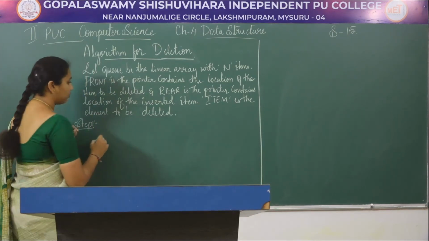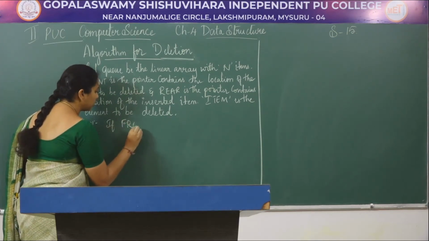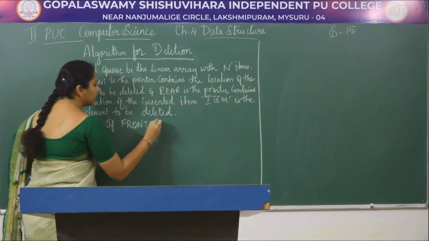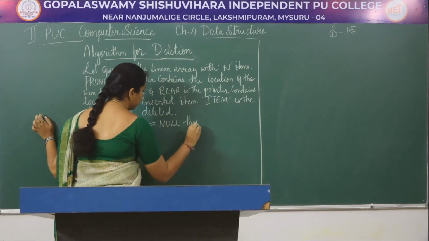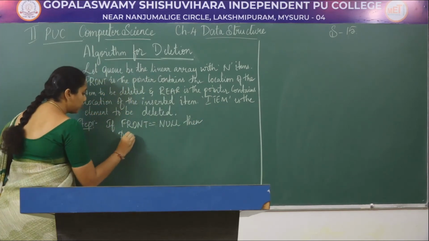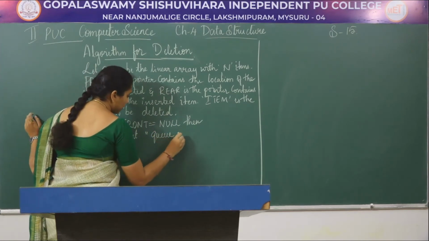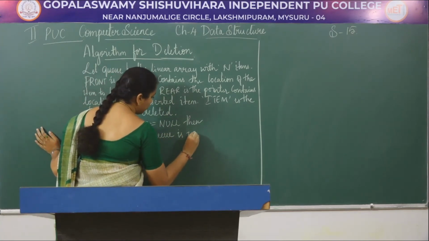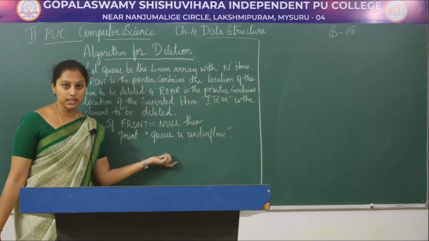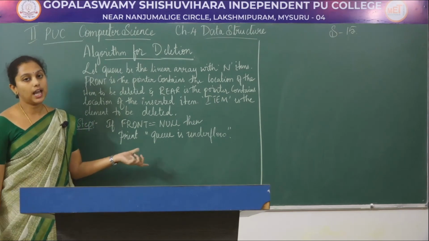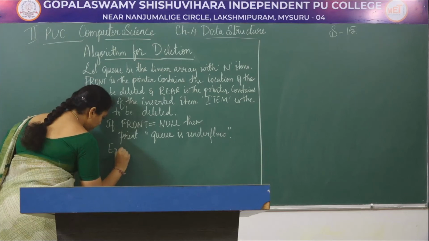So here we are checking for the underflow state, that is if front is equal to null, then we have to print it as Q is underflow. Q is empty, we cannot delete any item from the queue. So we are exiting from this.